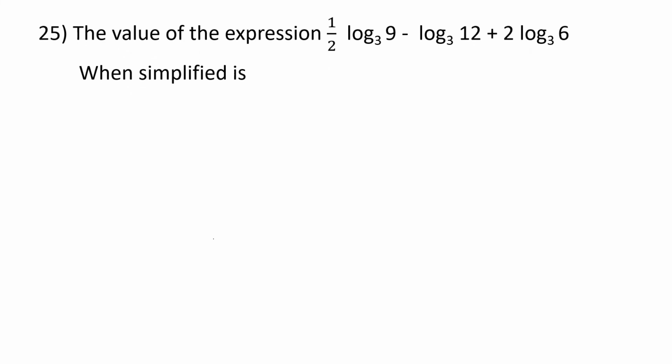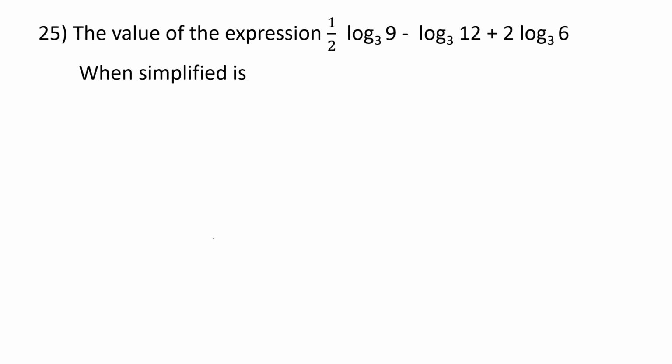Now the last question, question number 25. The value of the expression half log 9 to the base 3, subtract log 12 to the base 3, plus 2 log 6 to the base 3, when simplified. All these terms are given to the base 3.